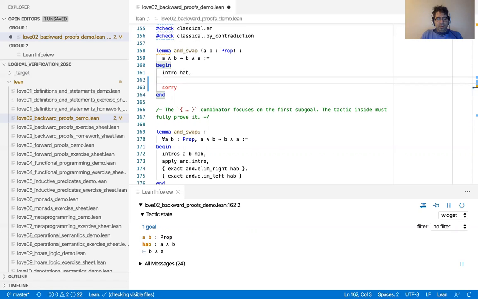Okay, so we have A and B. We need to prove B and A. There are several things we could do. We could look at HAB and try to see what we can extract from that. That would be an elimination rule. But at this point, we're not so equipped with dealing with that.